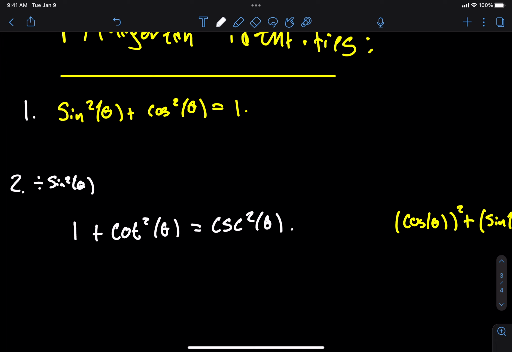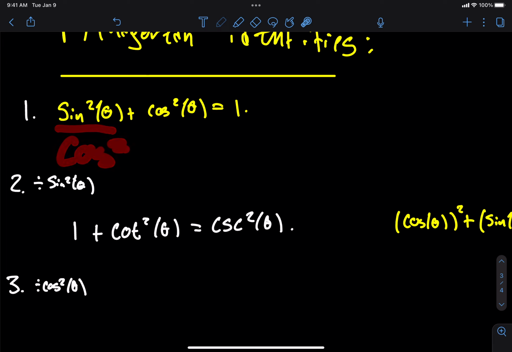Okay? To get the third one, I'm going to take the first equation and divide both sides not by sine squared theta, but by cosine squared theta. So divide both sides by cosine squared theta. Sine squared over cosine squared is going to be what?